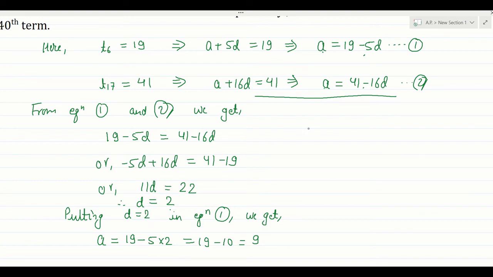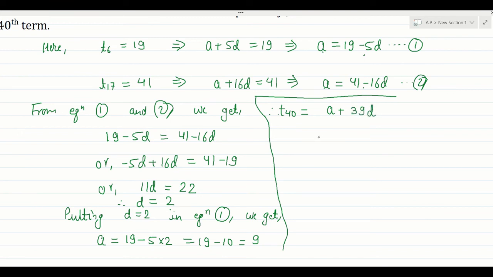So using these two values, we will calculate what? We'll calculate 40th term. Now 40th term is T40. So therefore T40 is equal to A plus 40 minus 1, that is 39D.